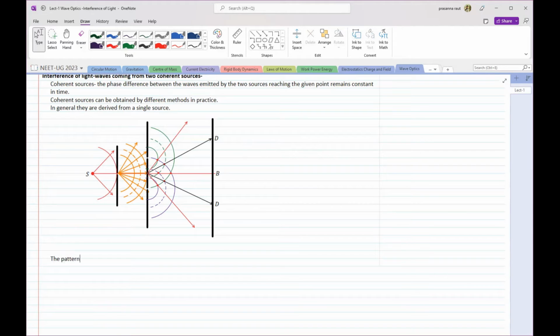the pattern obtained on screen is, ये क्या होना चाहिए?